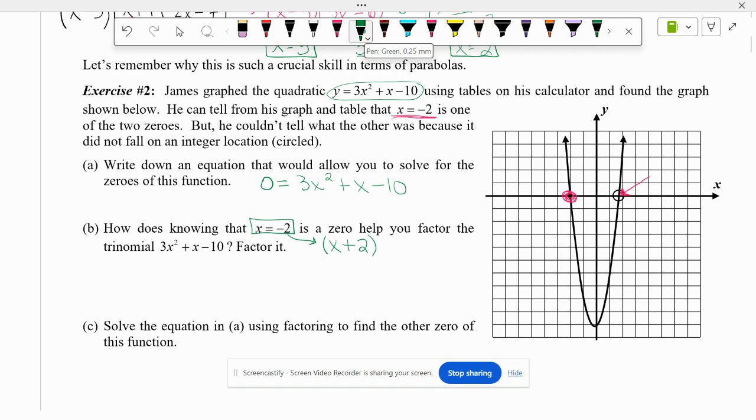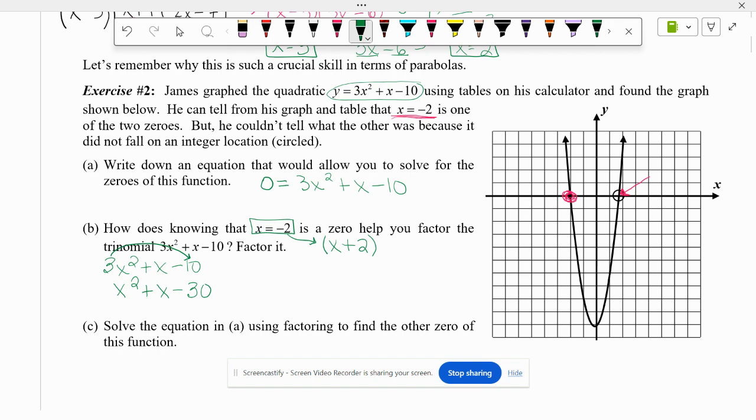So how am I going to factor 3x squared plus x minus 10? Well, I'm going to use the slide and divide method. 3x squared plus x minus 10. I'm going to slide over. So I really have x squared plus x minus 30.